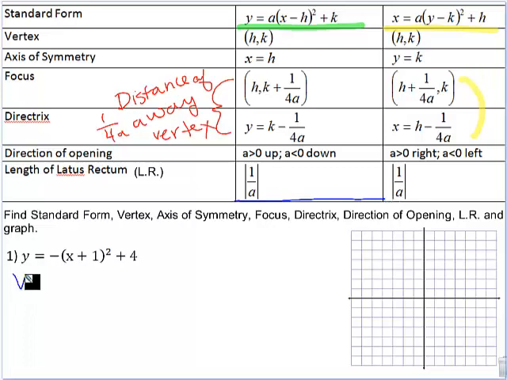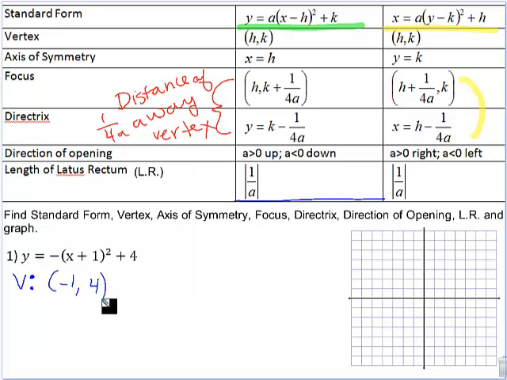So from here, we should be able to just say what the vertex is. So what would be the vertex from the equation negative and then x plus 1 squared plus 4? What would be our vertex from that equation? Not 1, 4. It's negative 1, 4.